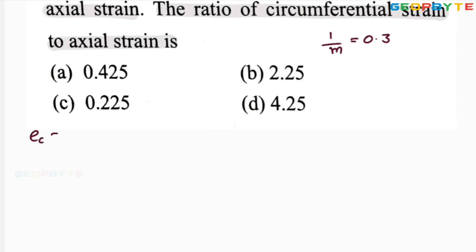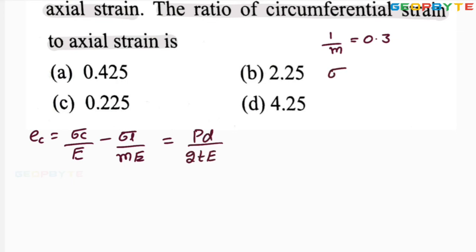Here circumferential strain EC equal to sigma c by E minus sigma L by mE. Sigma c equal to PD by 2T and sigma L equal to PD by 4T.